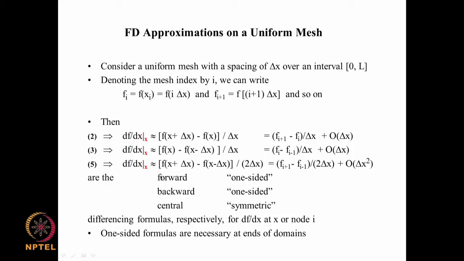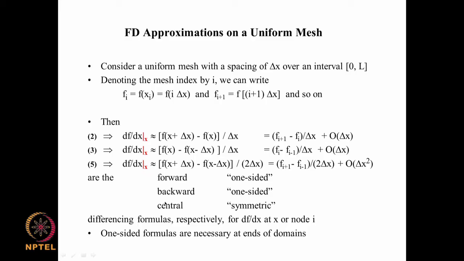So forward and backward differencing schemes are one-sided differencing schemes. That is, you have I and I plus 1, and I and I minus 1. Whereas this is central in the sense that you have points which are both to the left, I minus 1, and right of this. So both sides are being used to express the approximation of this.